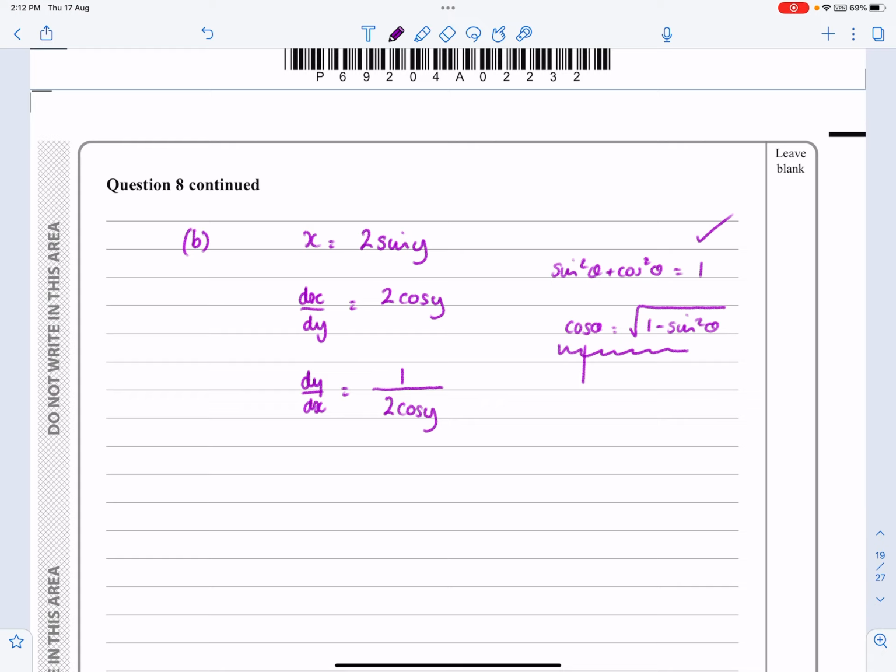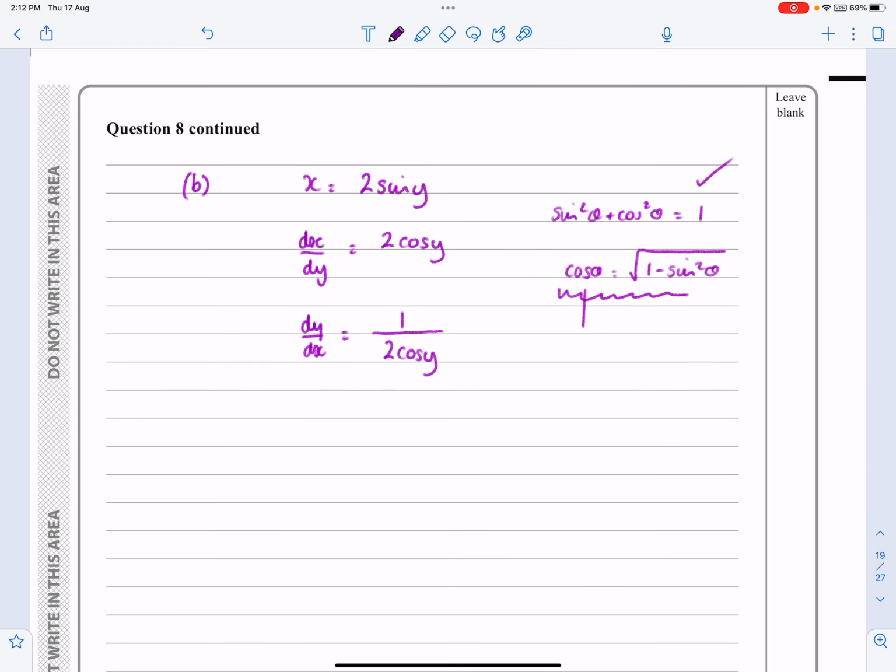So now what I can do is I can say from the top part, x over 2 is equal to sine y.